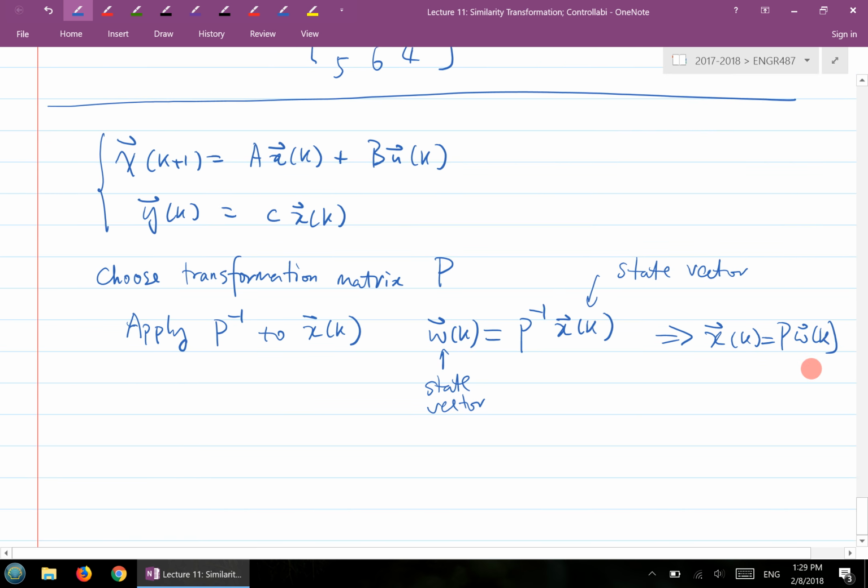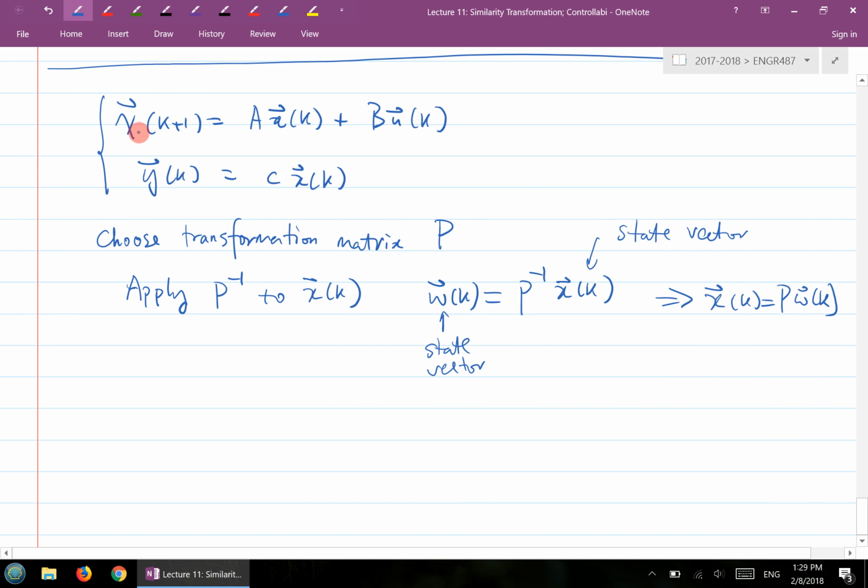Now let's take a look at what this transformation brings to the original state equation. The x of k plus 1 becomes P times w of k plus 1, equals A times P w of k, plus B times u of k, no change.